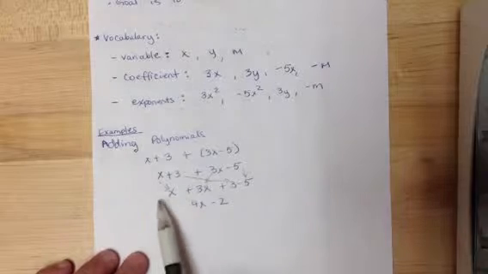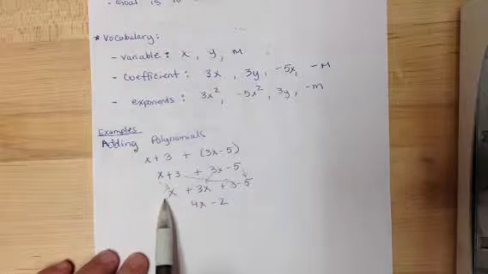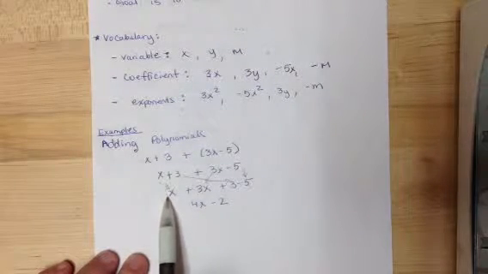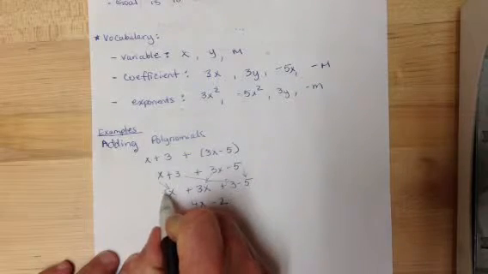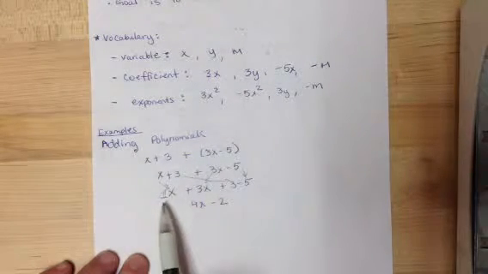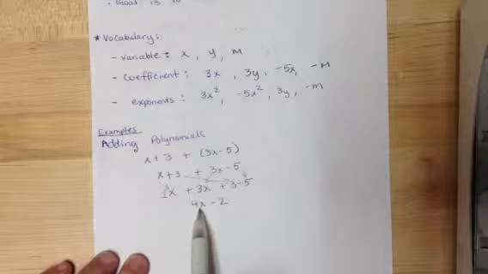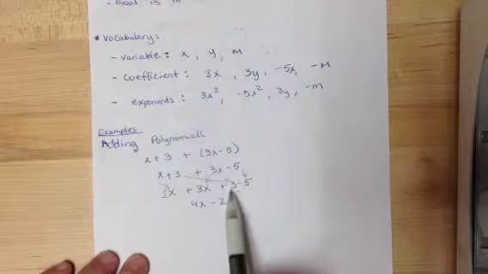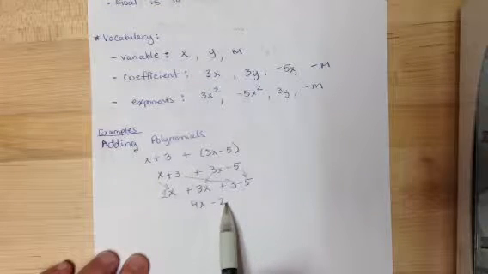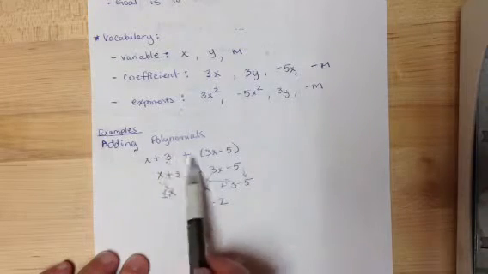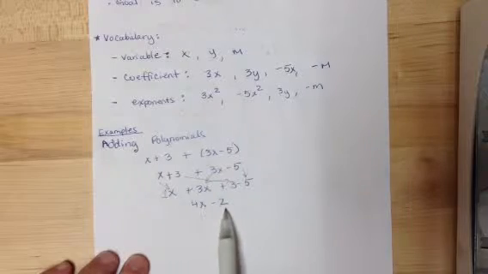Nothing is here as the coefficient of this x, therefore it's like having a 1. We don't put the 1 there, but it's like having a 1. So we're going to say 1 plus 3 is 4. 4 what? 4x. 3 minus 5 is negative 2. So this expression simplifies to 4x minus 2.